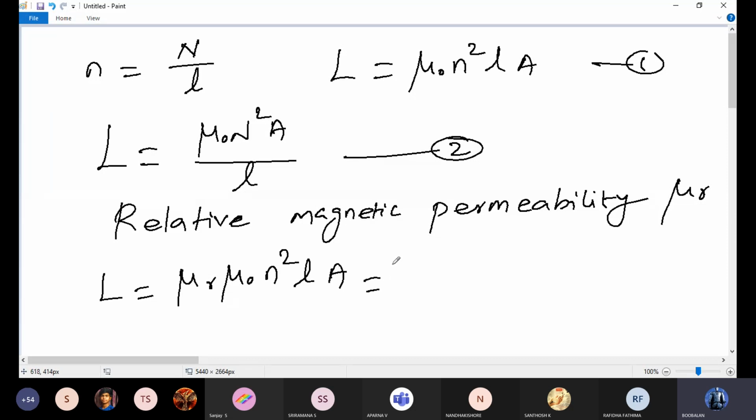In this formula it is also changing: L equals mu naught mu r N square A divided by L. So this is formula number 3.